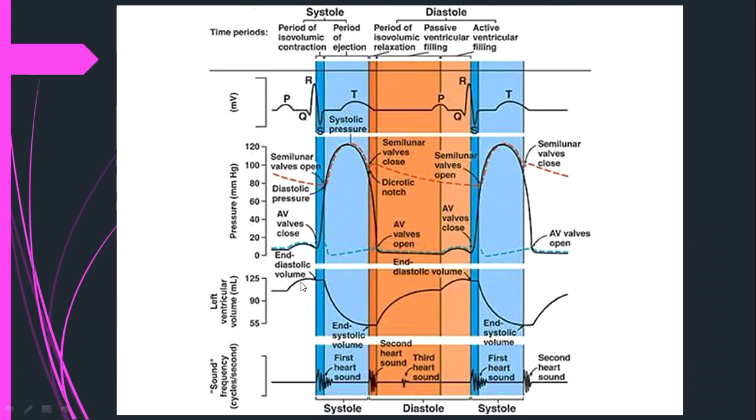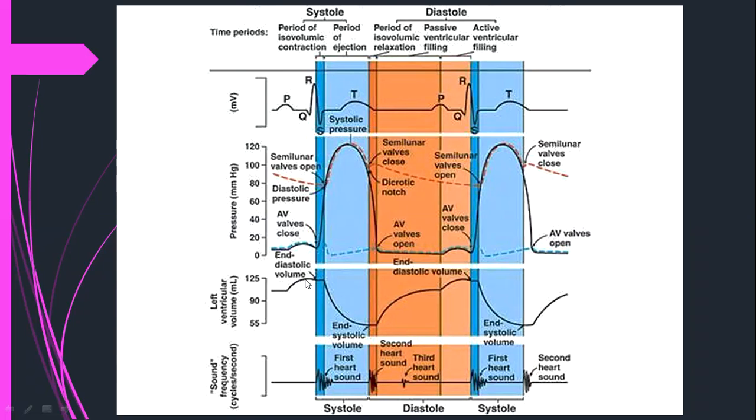This increment of volume will influence the pressure in the left ventricle, so you can see a simultaneous increment in the left atrium and left ventricle after the P wave is generated. After the atria contract, the maximum volume of blood fills the left ventricle, indicated by the end diastolic volume.